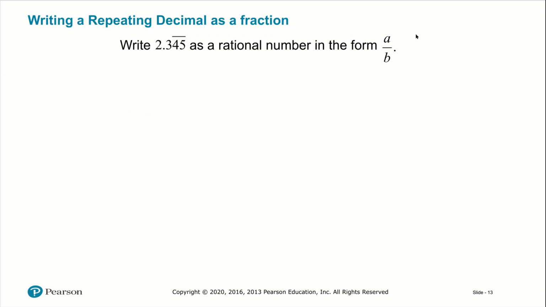Let's consider this one, right? So here we have n equals, I'm going to write it out a bit because it'll make it easier to understand. So 2.3, and then the 4, 5 keeps repeating, right?